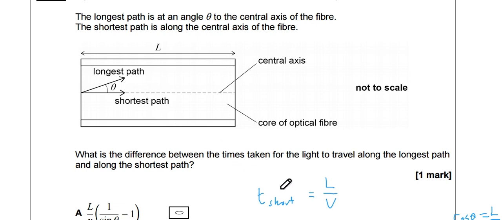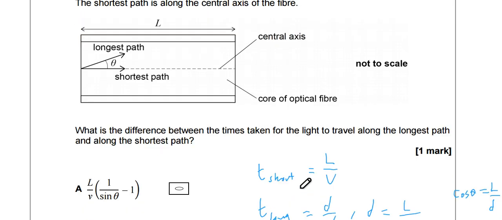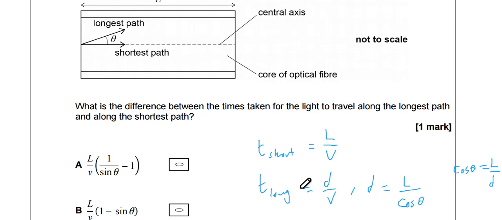For the short path we have L over V, and for the long path we will also have some distance over V. This distance we can get from cosine theta, because cosine theta is neighbor over the hypotenuse.